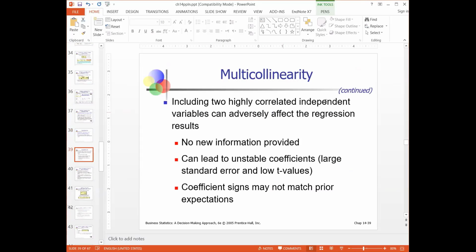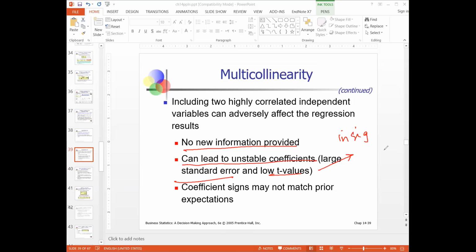So including two highly correlated independent variables can adversely affect the regression results. Why? Because they are giving same information, and they will lead to large errors and low t-values. So it will make variables insignificant.